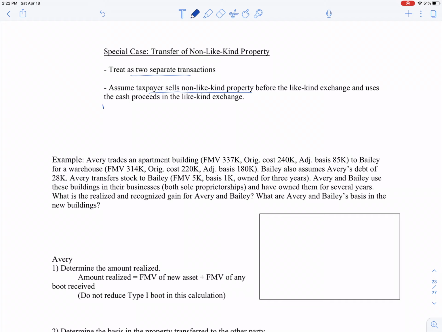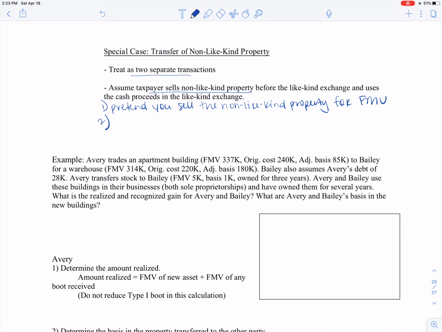So, one, we're going to pretend you sell the non-like-kind property for its fair market value.